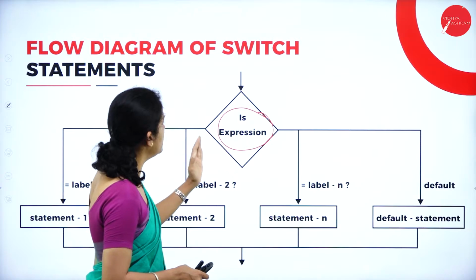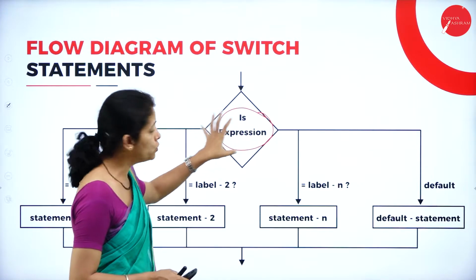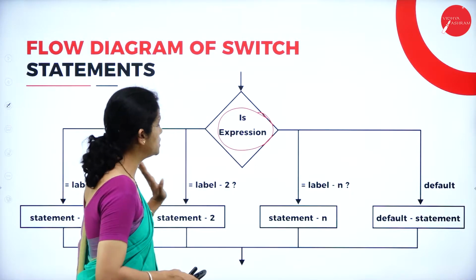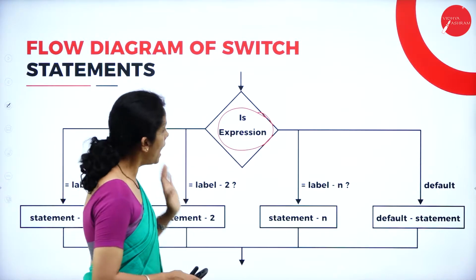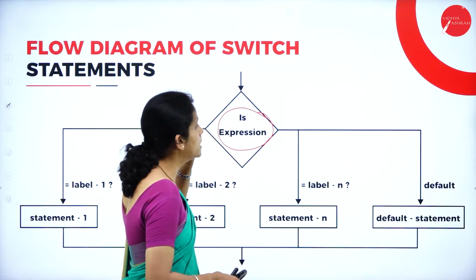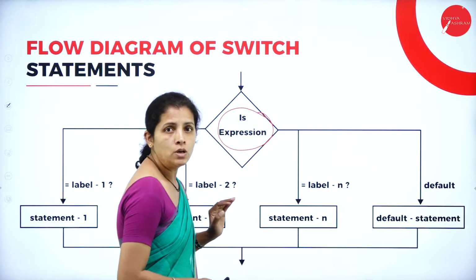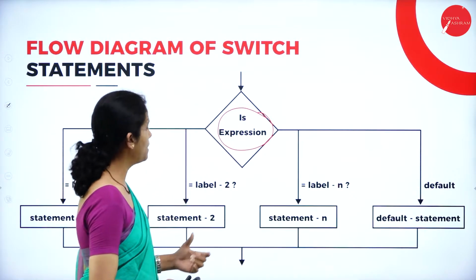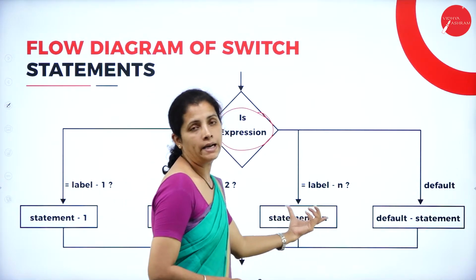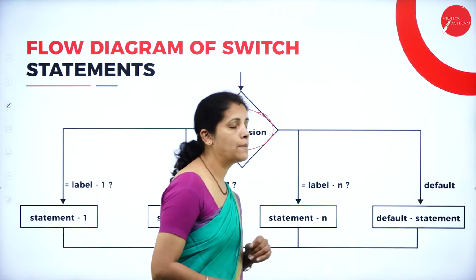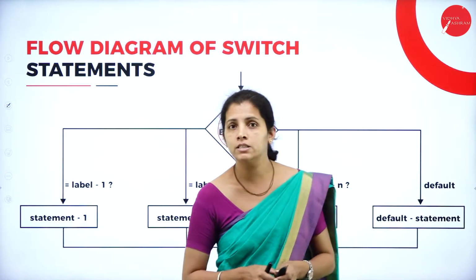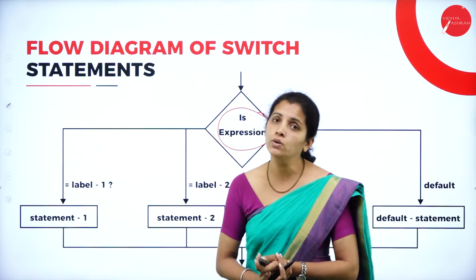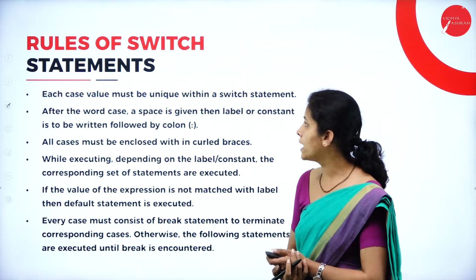If the given expression matches the second label, then I'm going to execute statement 2. And if the given expression matches label N, then I'm going to execute statement N. Otherwise, I'm going to execute the default statement. This is the way the switch statement works in a C program.